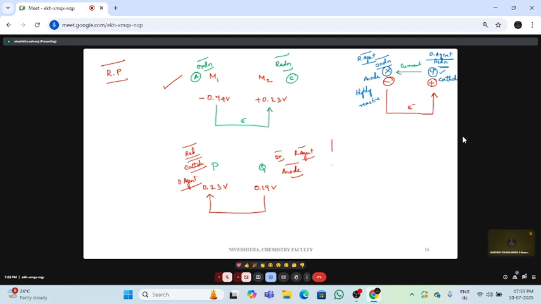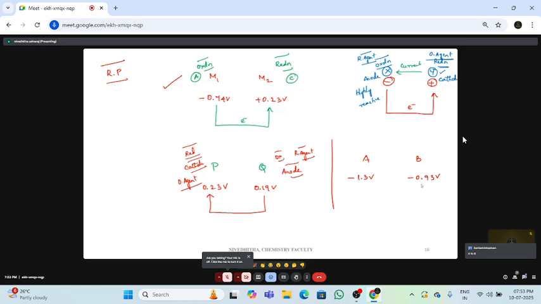Okay. I have metals A and B. Reduction potential value of A is minus 1.3 volt and B is minus 0.93. Here, both the values are negative, and among these two values, which is considered to be the lowest one?